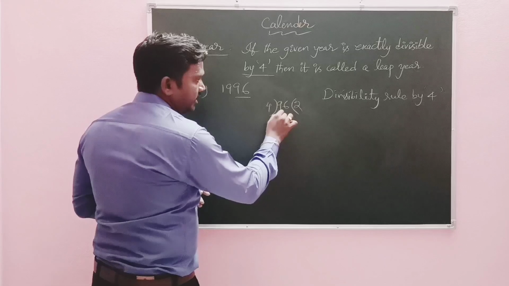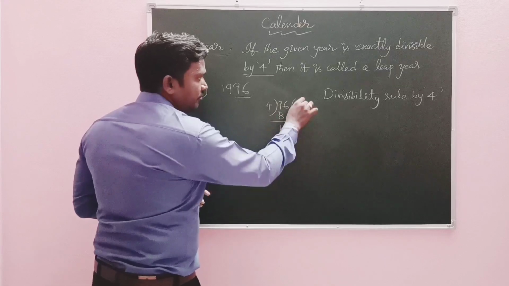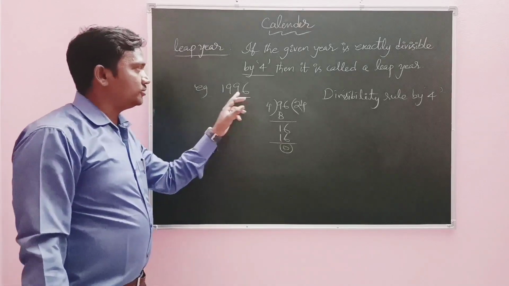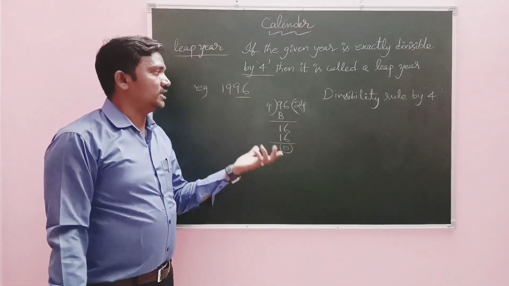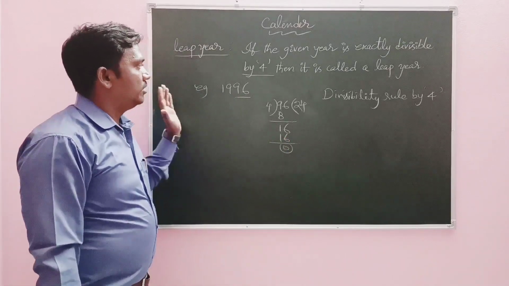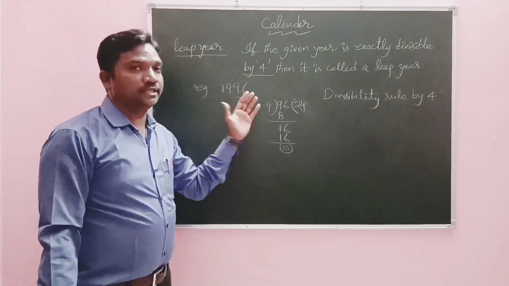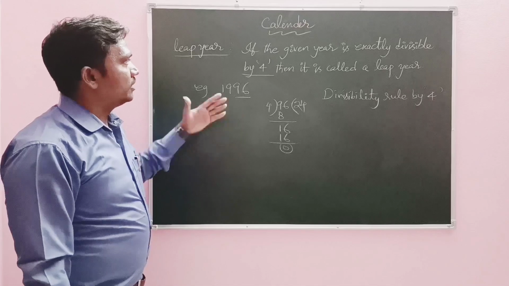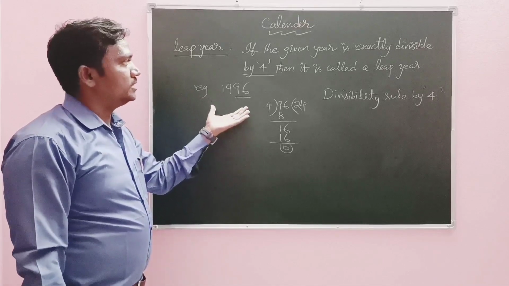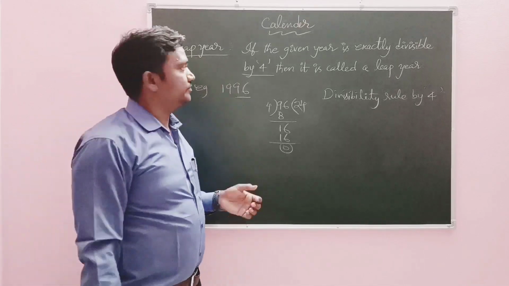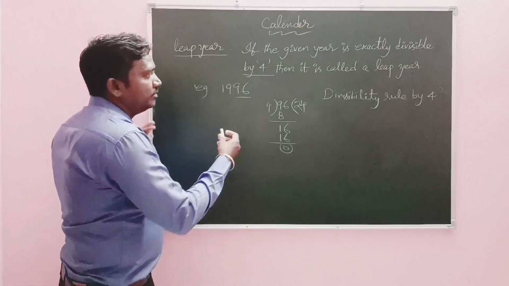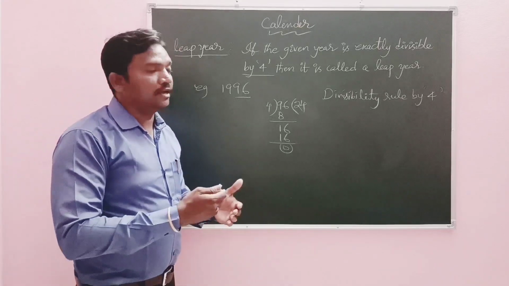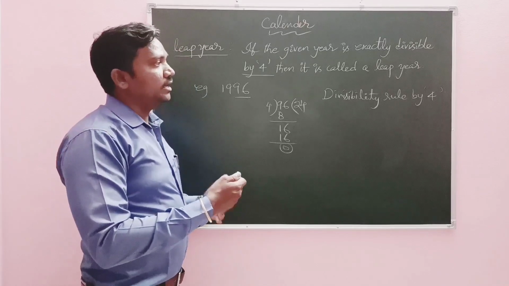4 2s are 8, 4 4s are 16. So here 96, the last two digits, is exactly divisible by 4. So 1996 is exactly divisible by 4. So we can conclude that this year is a leap year. Now we know that by adding 4 to a leap year, we can get the upcoming leap years.